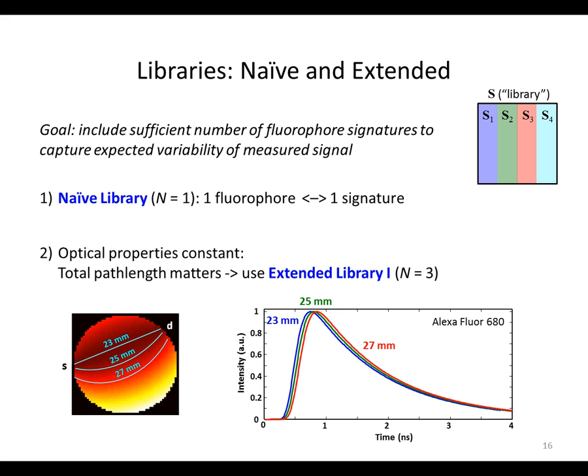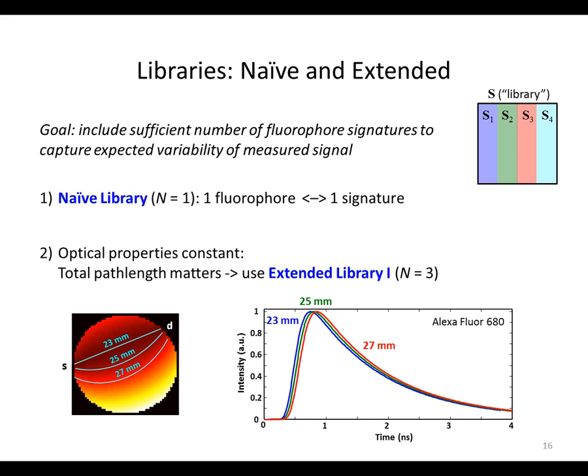So the next level of complexity that I'm going to consider here is if I assume that the optical properties are constant, then I can show that the shape of the signature only depends on the total path length between the source and detector. And the total path length is simply the sum of the distance to the source and the distance to the detector. So each of these signatures, one located here, and one here, has a slightly different look.